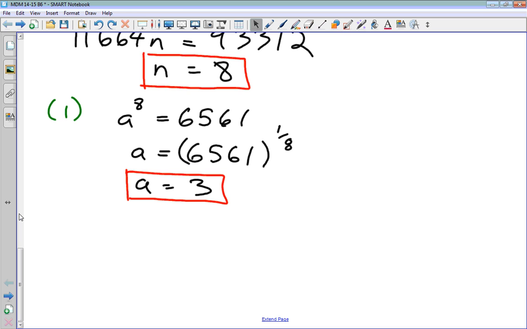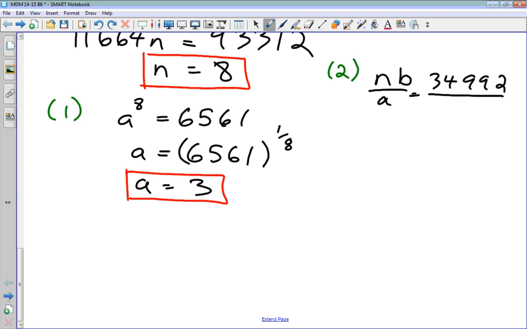And equation 2, if you recall, was that nb over a was equal to this big ugly mess, 34,992 divided by 6,561.